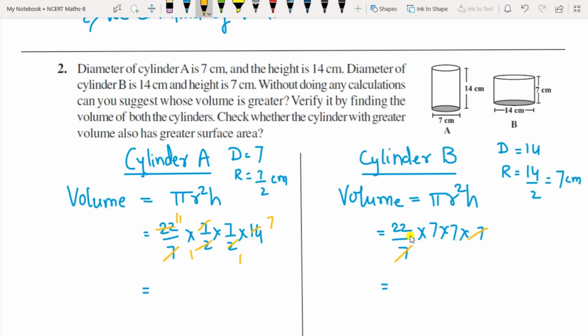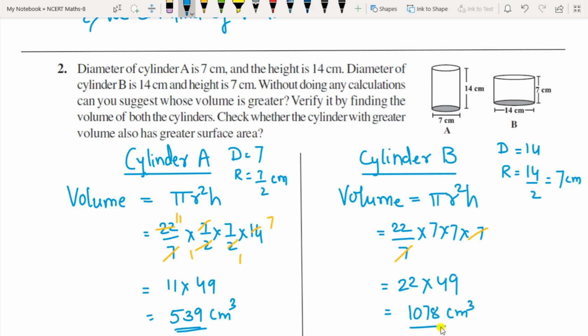The remaining is 11 into 49, so it becomes 539 centimeter cube, which is the volume of cylinder A. And here it becomes 22 into 49, so it becomes 1078 centimeter cube, that is the volume of cylinder B.